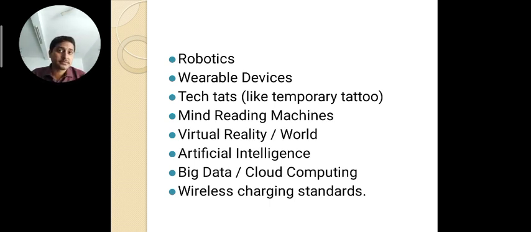Wearable devices, nowadays research is going on to develop wearable devices, and also we have smart wristwatches, which count the steps we walk, which detect our heartbeat, our pulse rate. There are lots of devices also there.